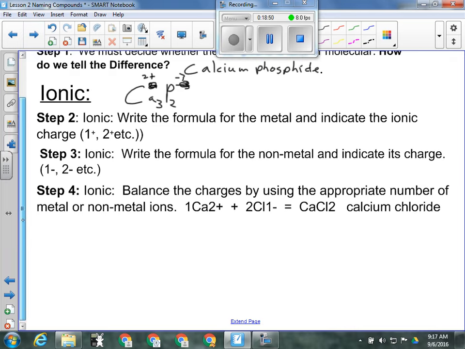All right, what if instead of one like this, we get this? What if I get that? Magnesium hydroxide. Okay, I still follow the same rules. I write the metal, magnesium, and its charge, 2+.